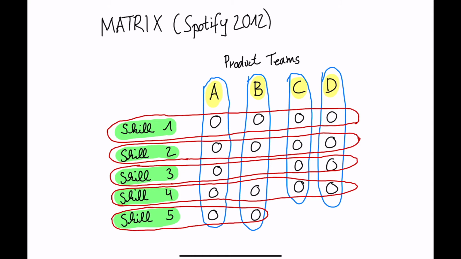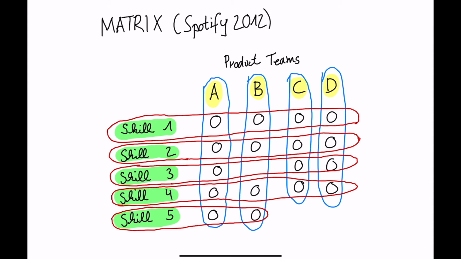And the matrix organization has certain advantages, because on the one hand you have here something like value generating structures, the product teams A, B, C, D in the vertical, and then you ask the question, okay, what kind of skills do I actually need in a vertical so that they are, in the best agile sense, able to solve their own problems with the given resources and the time, and they are as autonomous and as independent as possible, and can always deliver value to a customer.